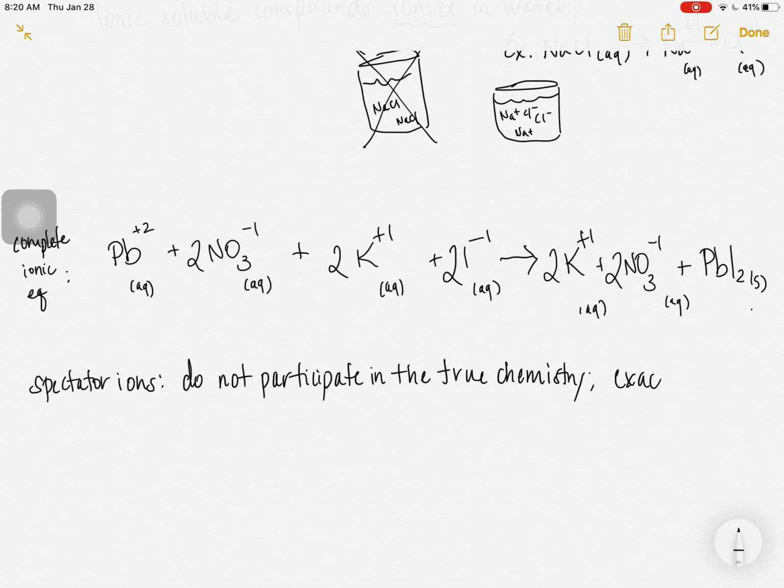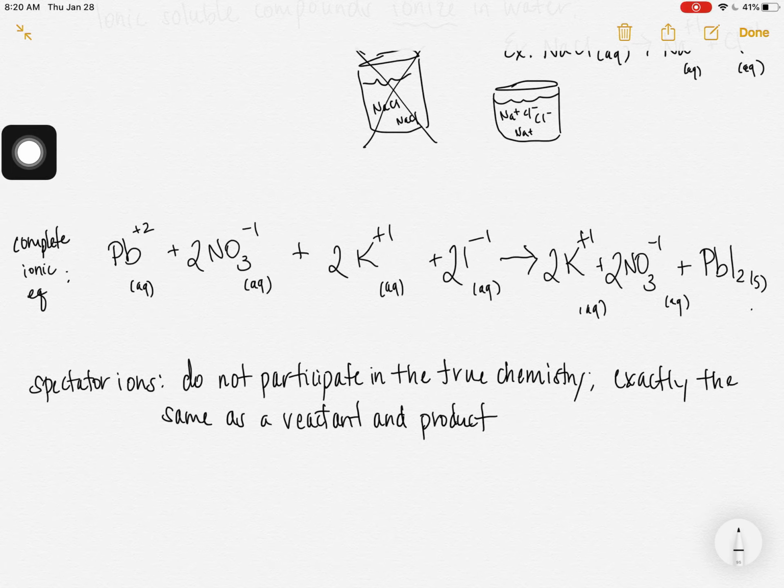They are exactly the same as a reactant and a product. So if we go back to the equation I just wrote, we're looking for an ion who appears on both sides of the equation who's exactly the same, hasn't changed a bit, okay? And there are 2 of them.